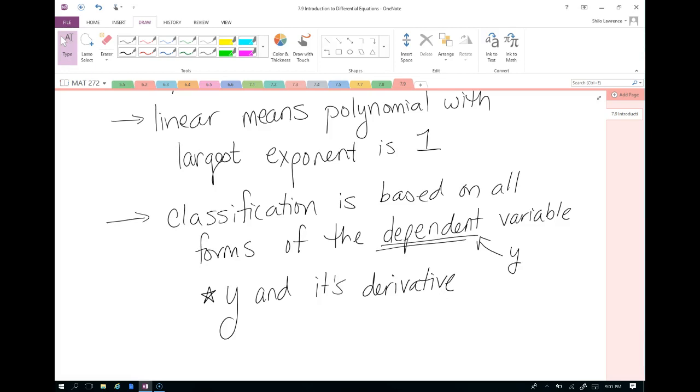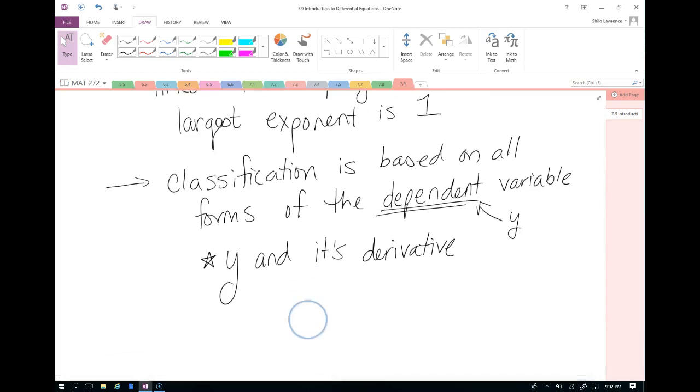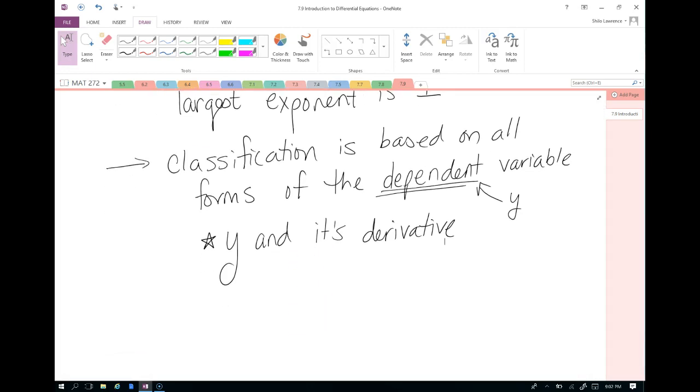So if you think about in algebra class, what happens if you multiply two y's together? You get y squared. So it's the same thing here, even though we can't actually multiply y times the derivative of y, it technically raises that equation to a different order, polynomial-wise, because I'm multiplying forms of my y, and that would not be linear.